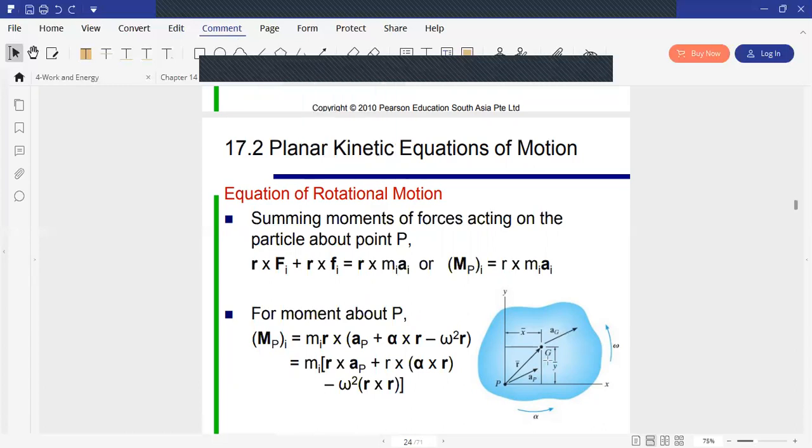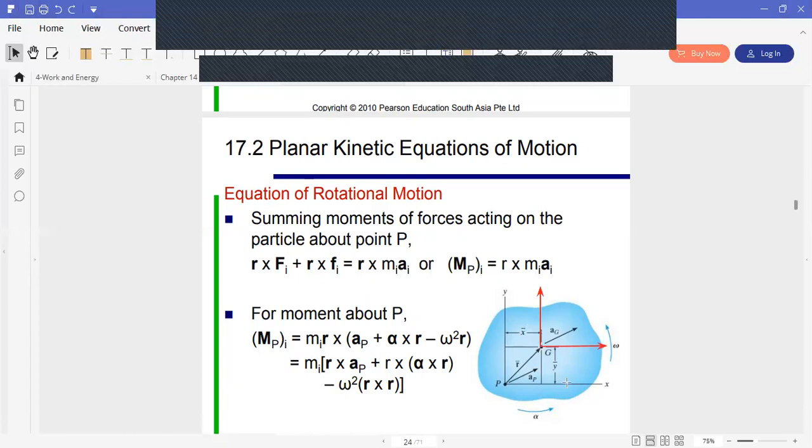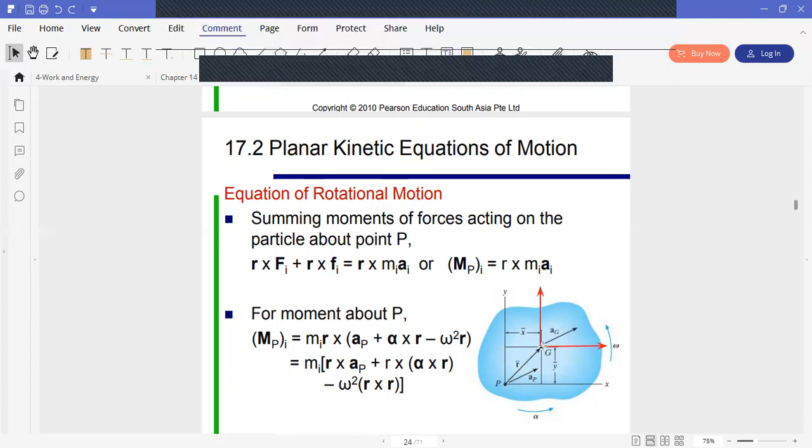So what will x bar and y bar be? 0. Because x bar and y bar represent the coordinates of G in the frame. This is why the equation reduces to the sum of moments about G equals I_G alpha.